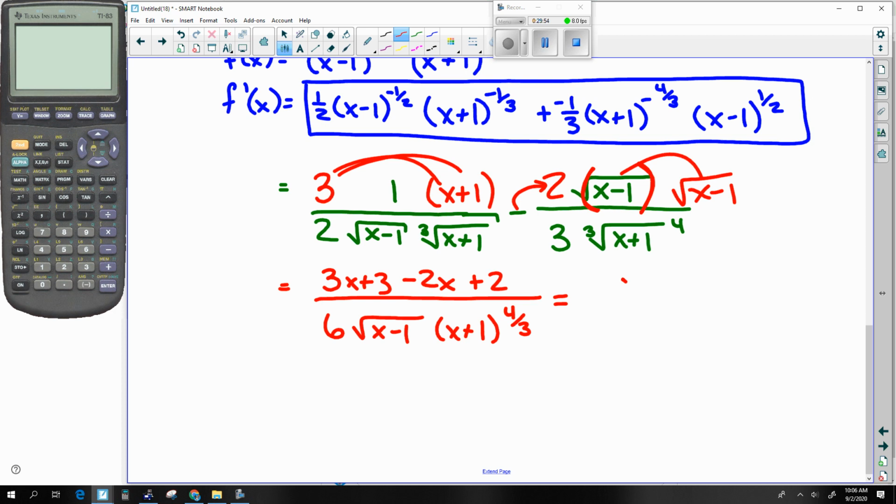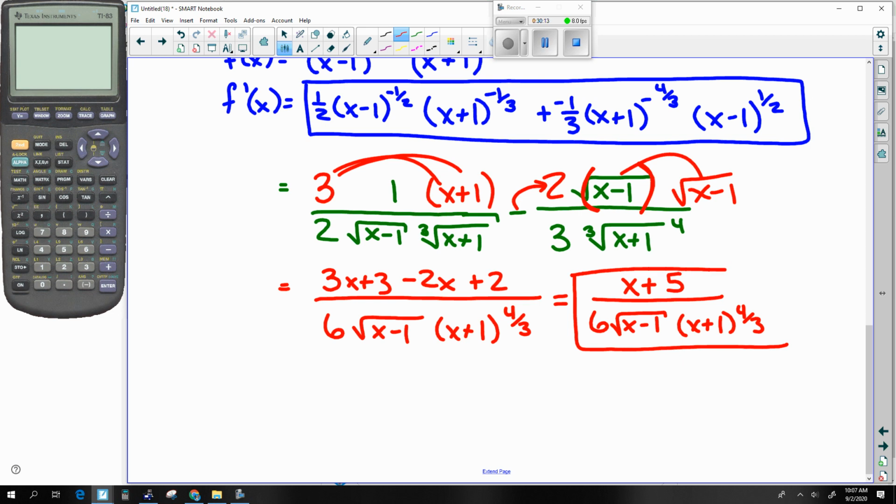So this is going to be what? x plus 5. x plus 5 all over everything else. There it is.